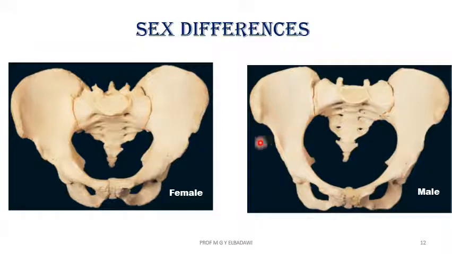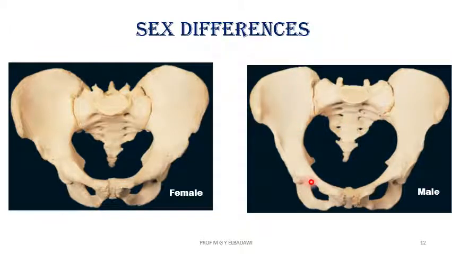You can notice some differences here. The broad sacrum here compared to the sacrum on the side. The promontory in relation to the ala is large here in relation to the ala. The other difference which we have described is the wideness of the pelvis here, the oval or the heart-shaped over here.